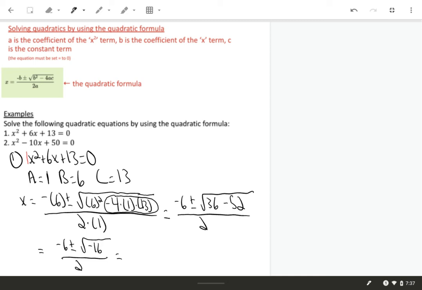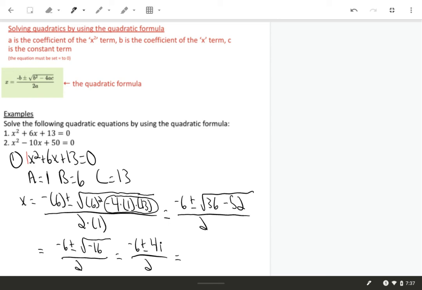So again, if we were in the real number system, we would obviously conclude that this has no real number solution. But because we're talking about complex numbers and imaginary numbers, we can say that the square root of negative 16 is going to be 4i. So we have negative 6 plus and minus 4i divided by 2.